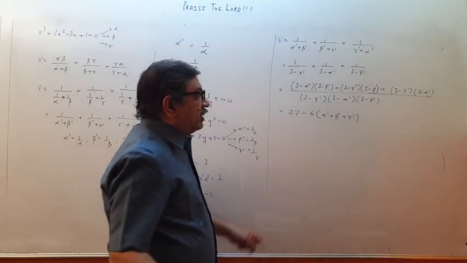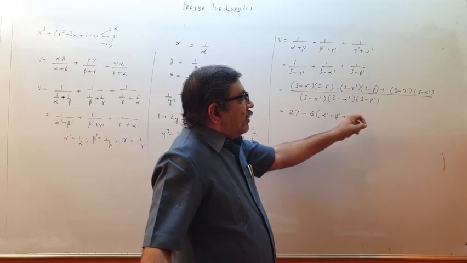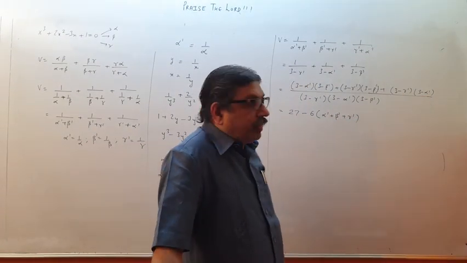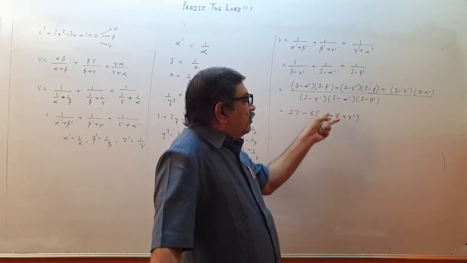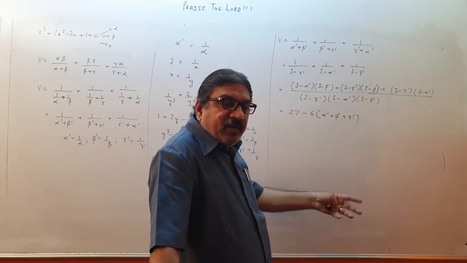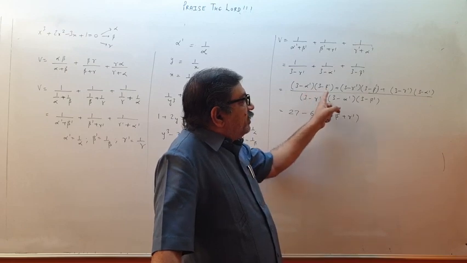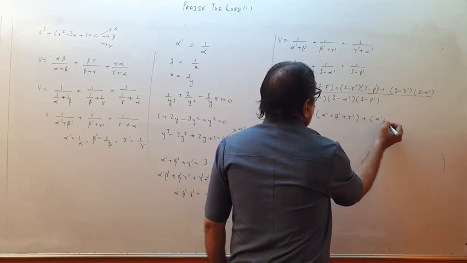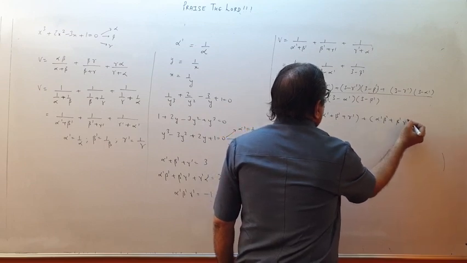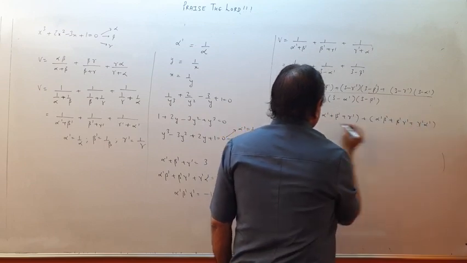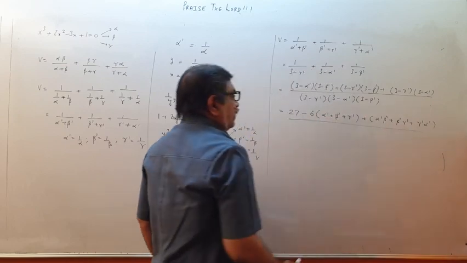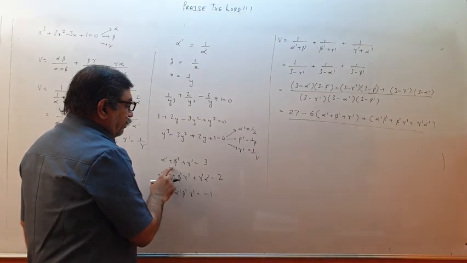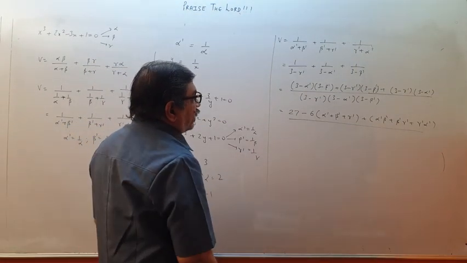I have done it directly: minus 3 alpha dash will come, and here also minus 3 alpha dash, so minus 6 alpha dash. Like this, minus 6 beta dash and minus 6 gamma dash directly we are doing. And then plus alpha dash beta dash, beta dash gamma dash, gamma dash alpha dash, upon this thing. So 3 minus gamma dash means alpha dash plus beta.